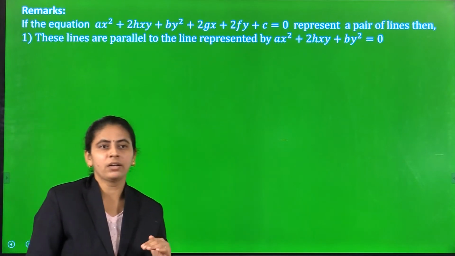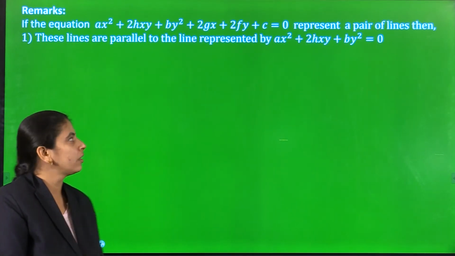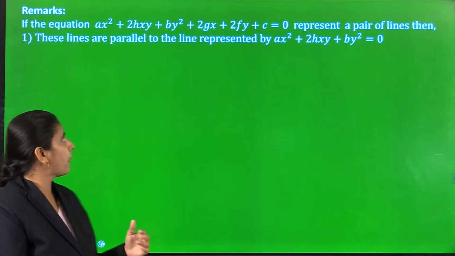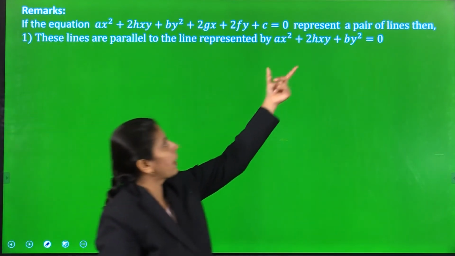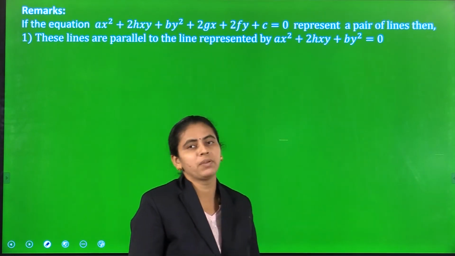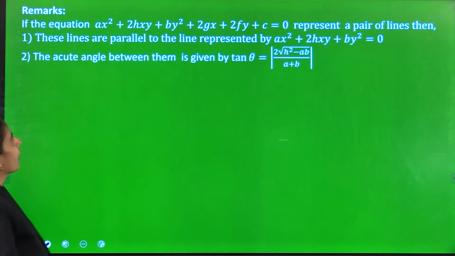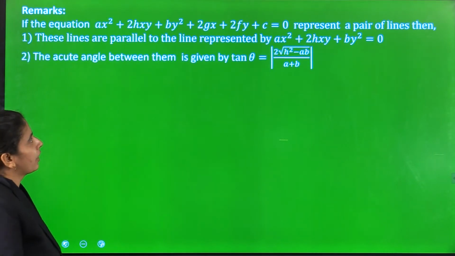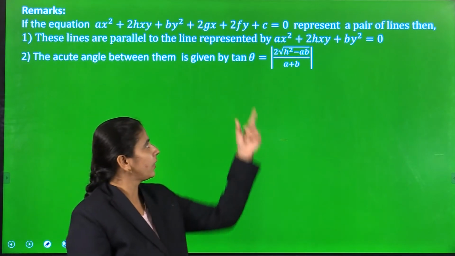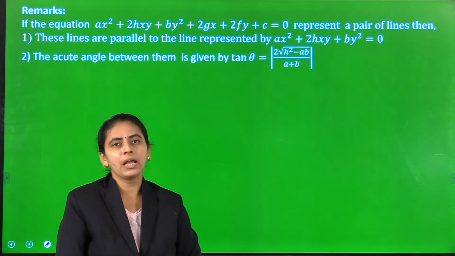If the given general second degree equation represents a pair of straight lines, then that pair of straight lines are parallel to the lines represented by the equation ax square plus 2hxy plus by square is equal to 0. The second remark is the acute angle between the lines is given by tan theta is equal to mod of 2 root of h square minus ab upon a plus b.